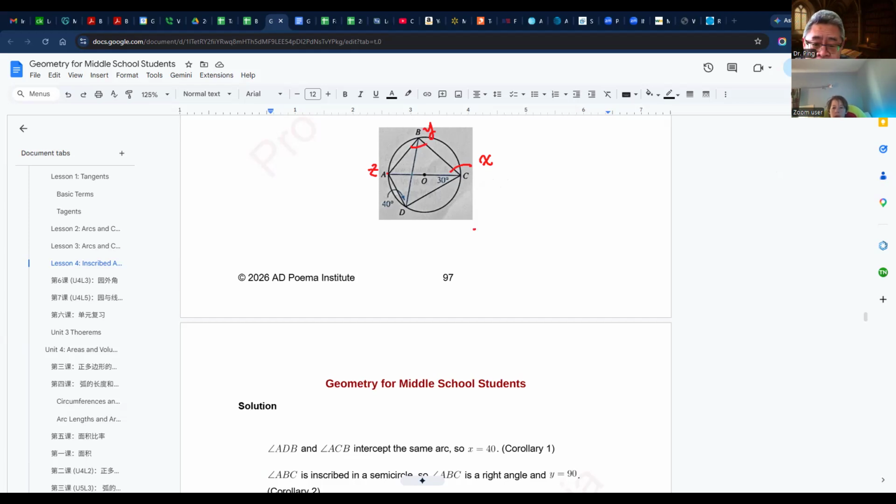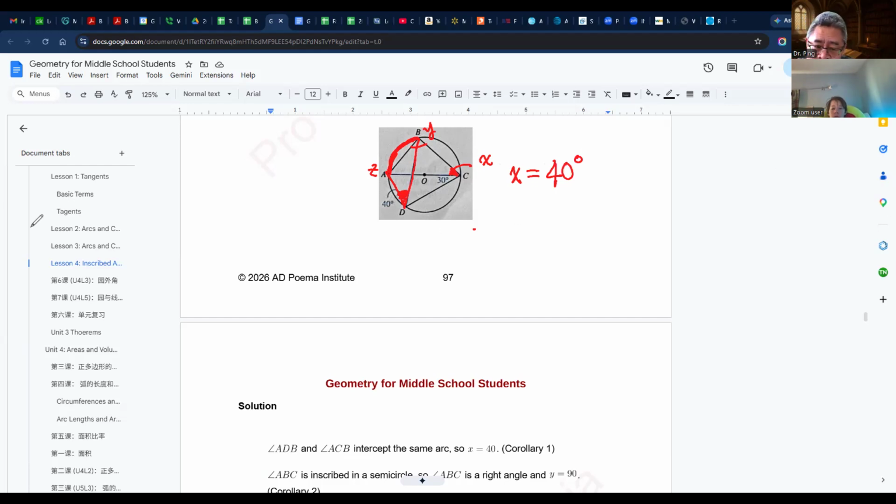Okay, so x is this angle, and the intercepted arc is here, AB. We can see this angle also intercepts the same arc. Therefore, x will be the same as this angle, which we are given as 40. So it's 40 degrees. Okay, we found that.